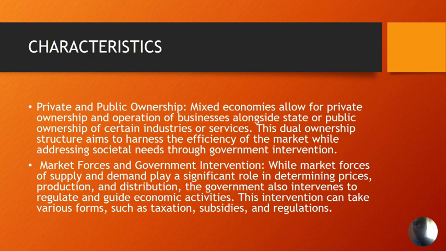This dual ownership aims to harness the efficiency of the markets while addressing social needs through government intervention. So we are saying that we are allowing markets to operate freely, which promotes efficiency, which is coming from the private sector. But we are also looking at the public sector playing a role whereby the government is addressing social needs through government intervention. That's the issue of private and public ownership.